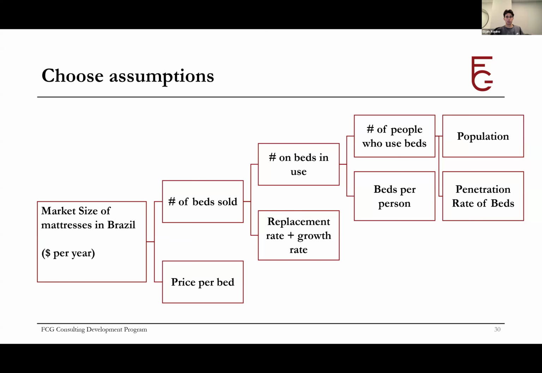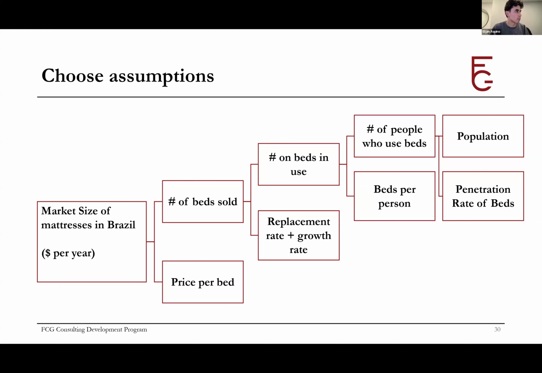Now we're going to choose those assumptions. Okay, perfect. So we know that the total population of Brazil is 200 million. That was given because Matthew asked that. So thank you, Matthew. But I want to hear the penetration rate. So I want to hear maybe Liz.